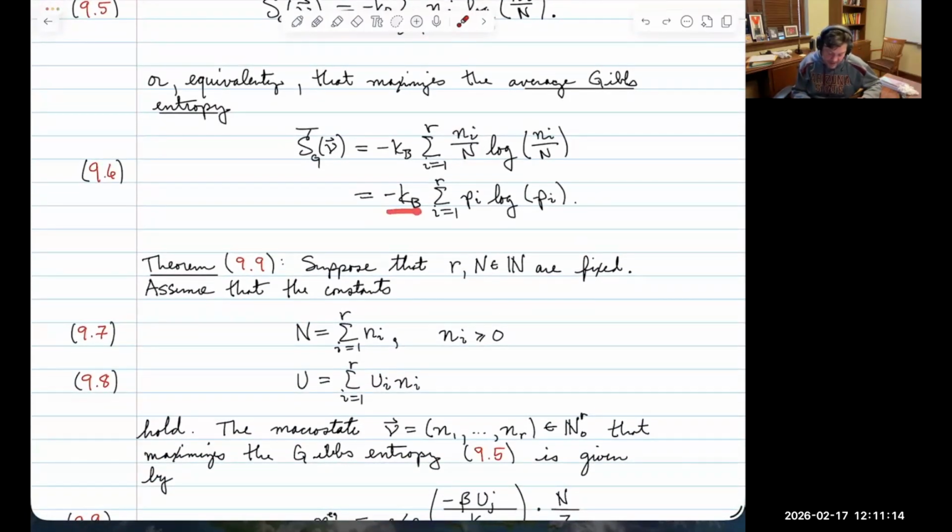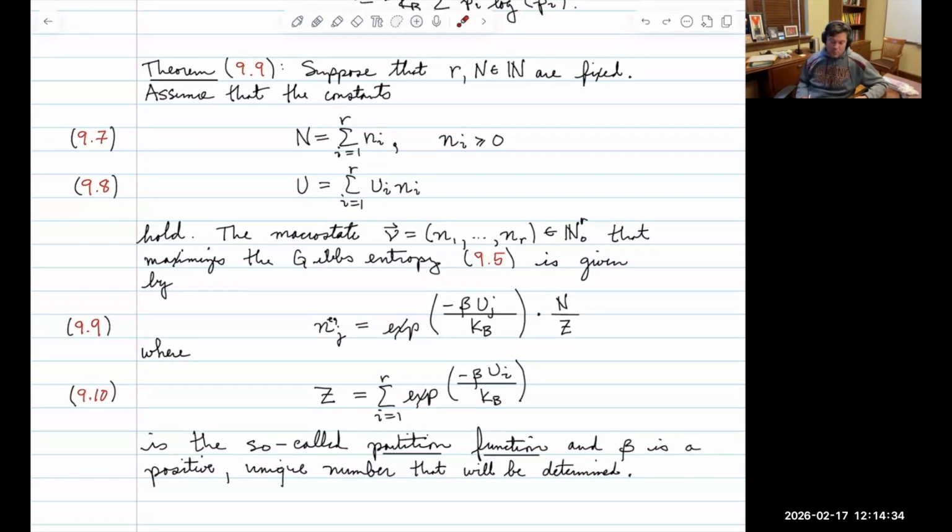What is it? It's minus a constant. Again, the minus sign is because we've chosen to use the log. The entropy is still itself going to be a positive number, because we're taking the log of a fraction, which is always less than 1. For the average Gibbs entropy, it's a sum from i equals 1 to r of the probability for the ith state times the log of the probability. You've probably seen this function appear if you've taken statistics before, and again, it has its roots here in statistical mechanics.